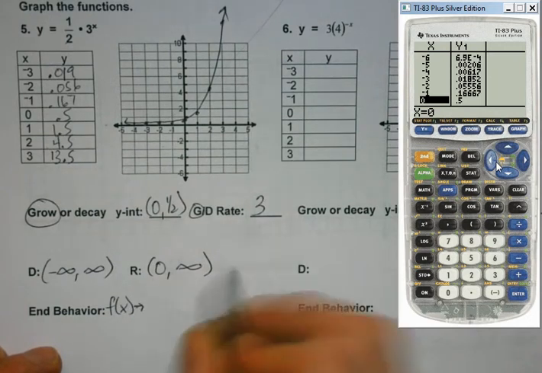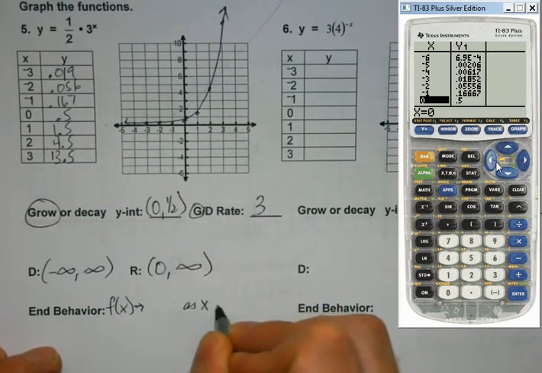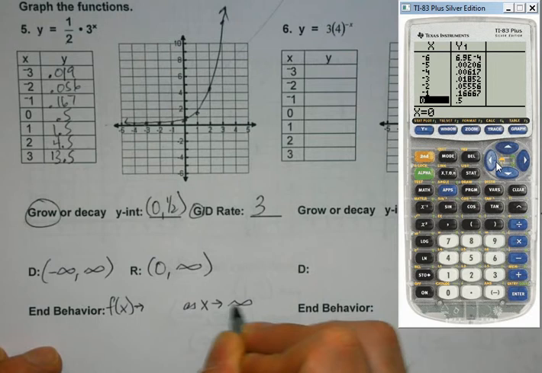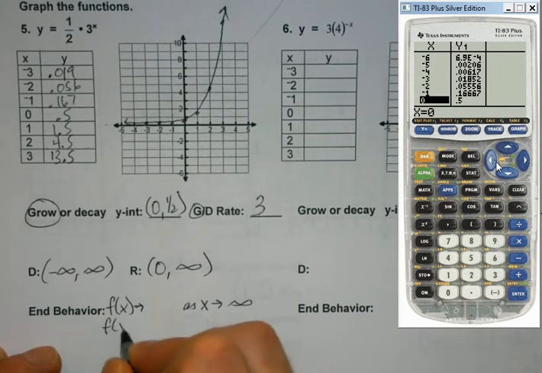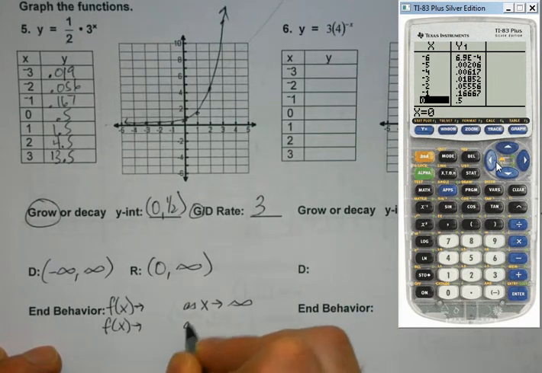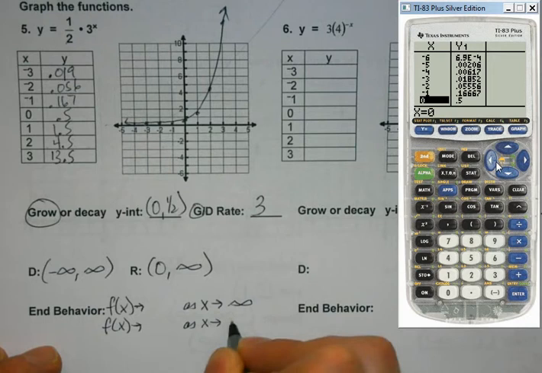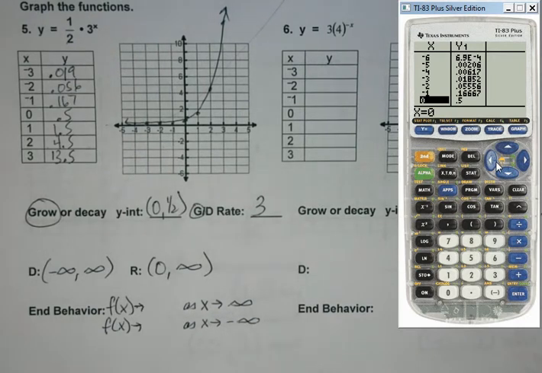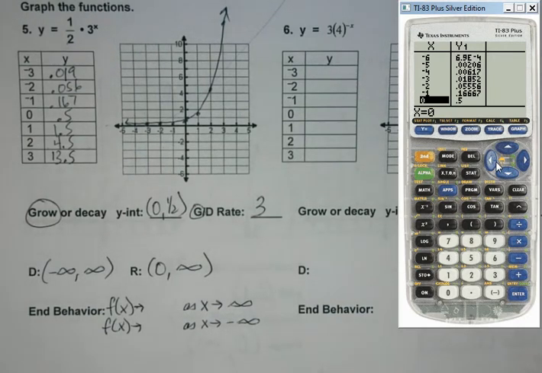Then again, with our end behavior, one of my x's is positive infinity, my x is negative infinity. And again, just keep reminding yourself the right, left. So as x is heading to the right, what's happening to y?